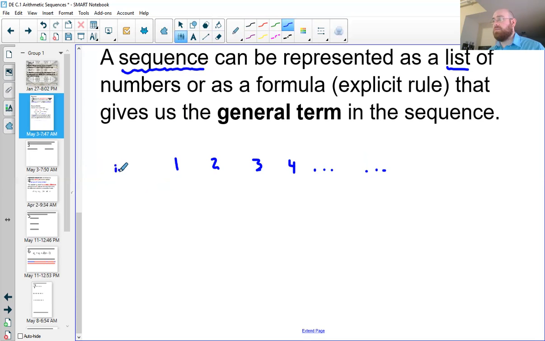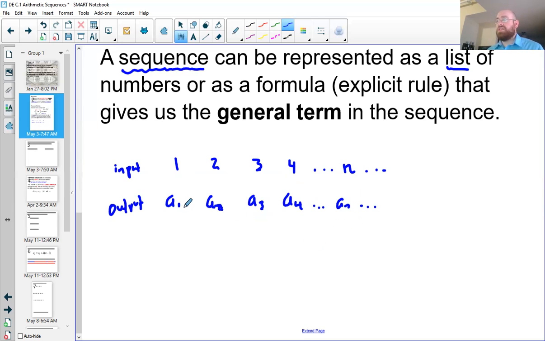Let's call this our input. And so we have some number n, and then we have an output, which is a sub 1, our first term, a sub 2, our second term, a sub 3, our third term, a sub 4 is our fourth term, and then we have that a sub n, which we can express as a formula.